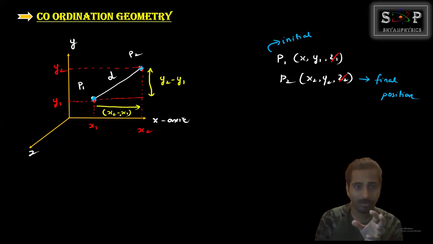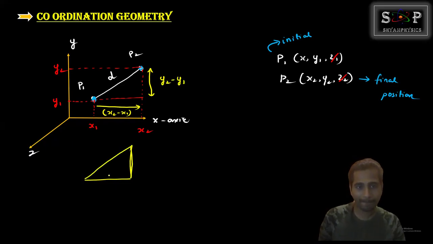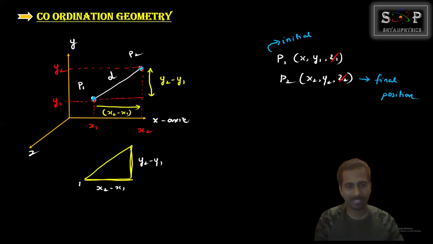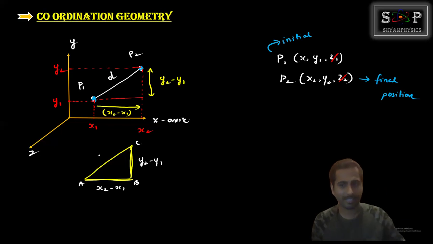Now, I will draw the triangle here separately. This is the triangle which we have. The bottom, the adjacent side, is represented by X2 minus X1. The opposite side is represented by Y2 minus Y1. It looks like a standard right angle triangle.